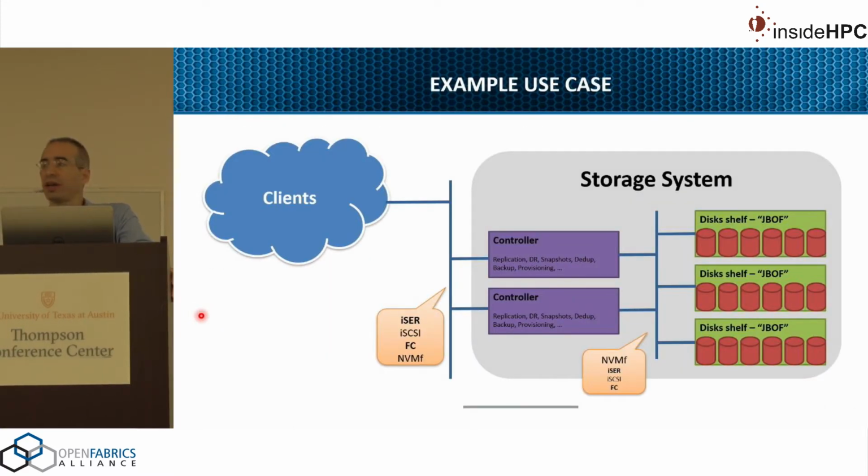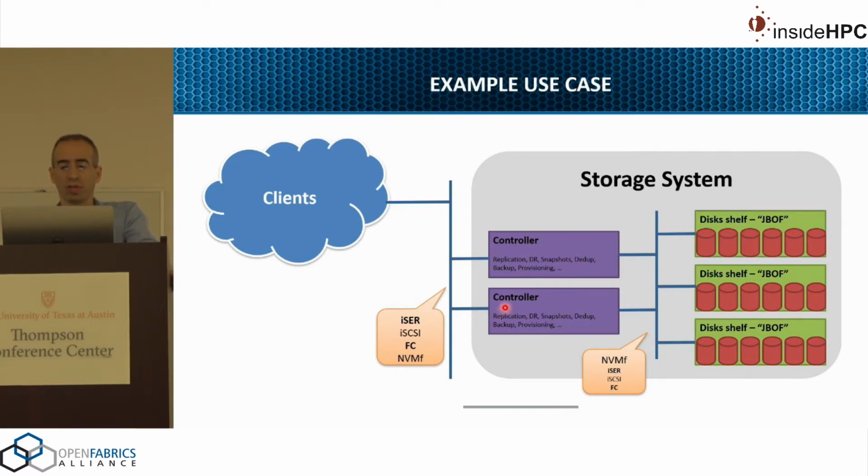Just a quick example of a use case for NVMe and NVMe Over Fabrics. We can see here a two-tier based storage system. On the first tier, the clients can connect to the controllers through any of the Fabric storage protocols like iSCSI with TCP or iSCSI over RDMA with iSER or Fiber Channel and or NVMe Over Fabrics actually.